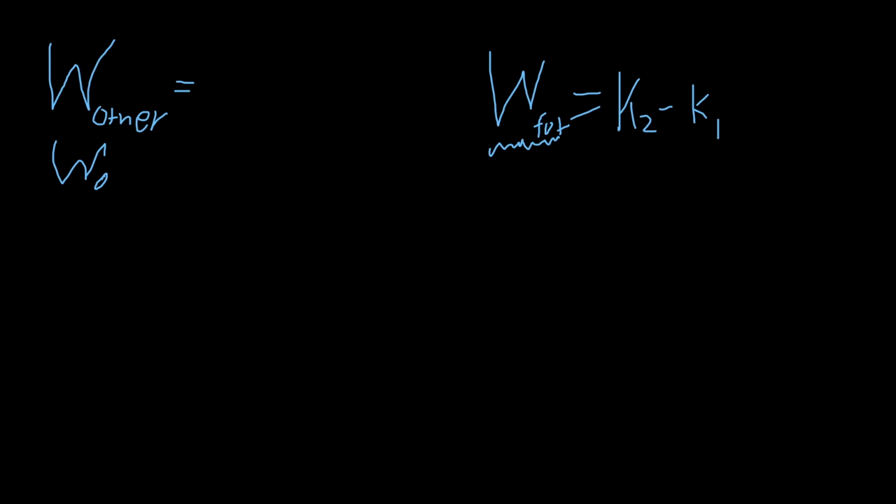So you write work other, the work other than gravity, plus the work of gravity, because obviously there's always going to be gravity unless you're in space. We write that equal to work total, and that's how we combine it to our work-energy theorem.